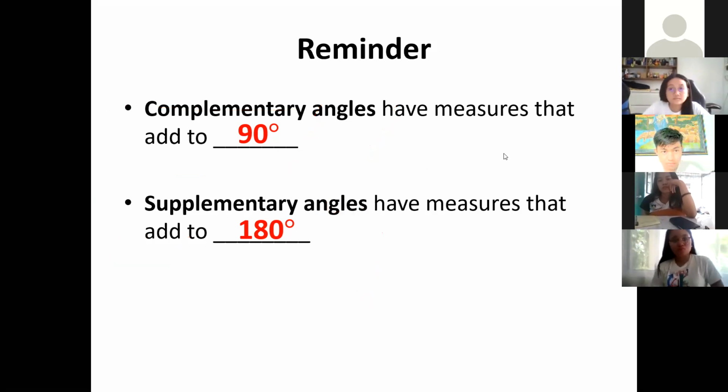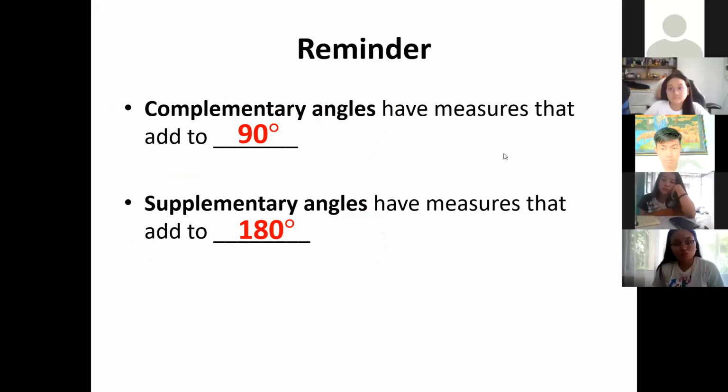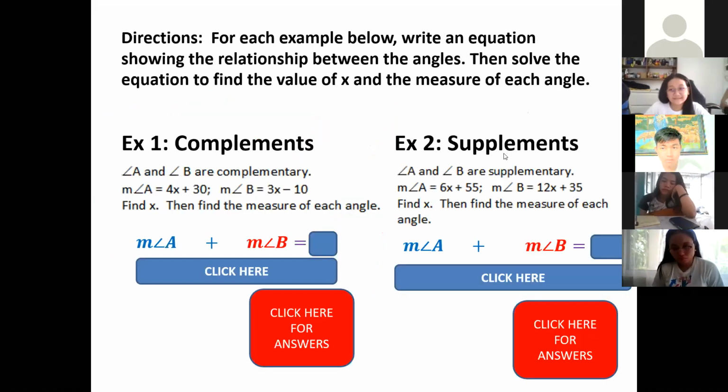So that is the difference between supplementary and complementary. Basic knowledge, yes, I think, but sometimes many of us are really having problems in understanding the difference between complementary and supplementary angles. So let's have some examples to further understand the difference.